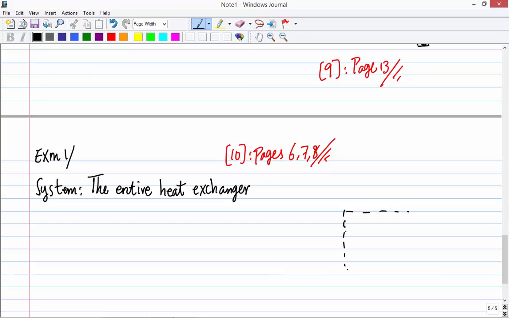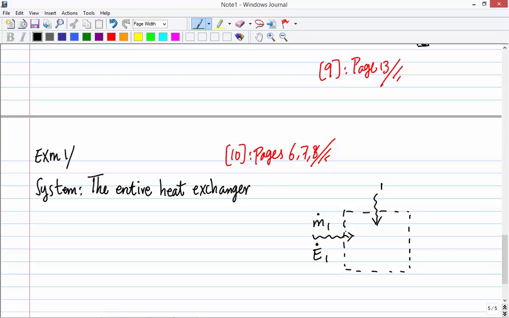So here's my system. All the boundaries are imaginary, so I draw these lines as dashed lines. And on the left side I have mass and energy entering my system. I call this point 1. Here air was coming in, right?